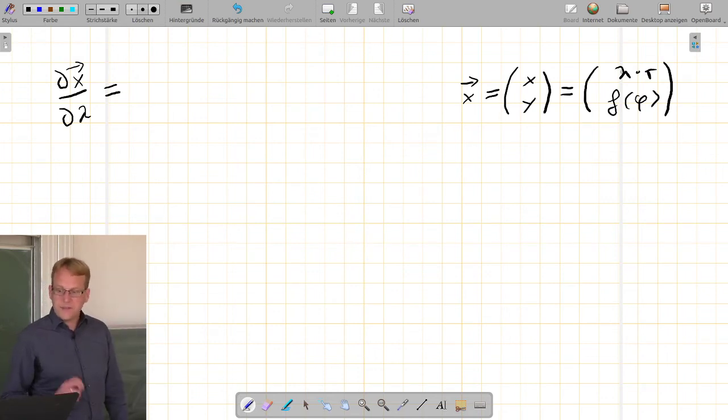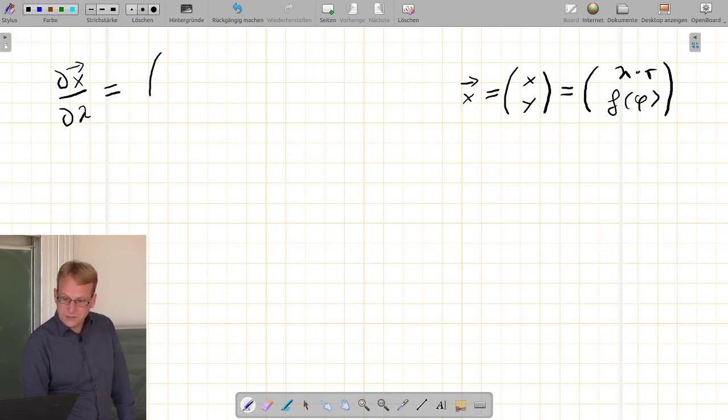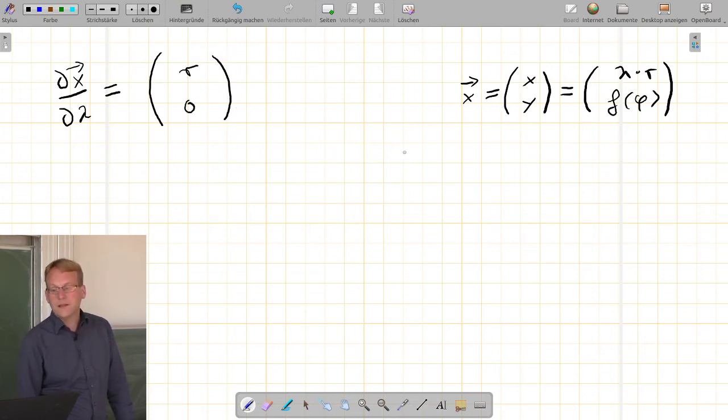So therefore we take that equation, and with that we can now compute this partial derivative. What is dx divided by d lambda? That is pretty simple. We derive this row by row. The first one derived by lambda is simply r. And in the second one there is no lambda, so that is simply 0. And now we can also say what is d small x by d phi.